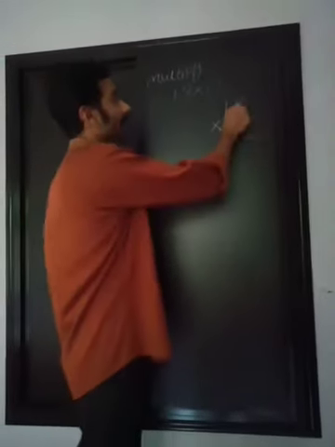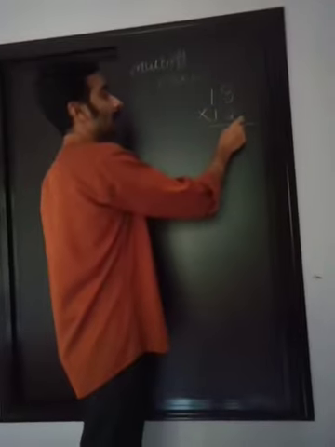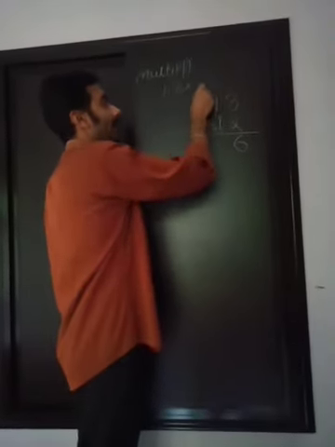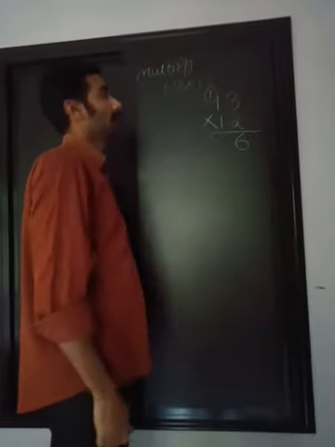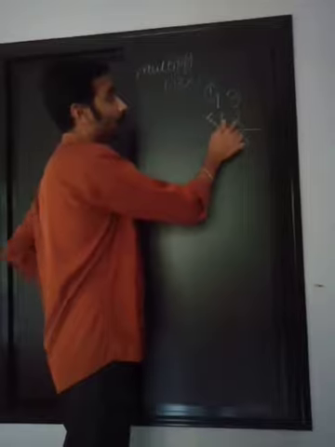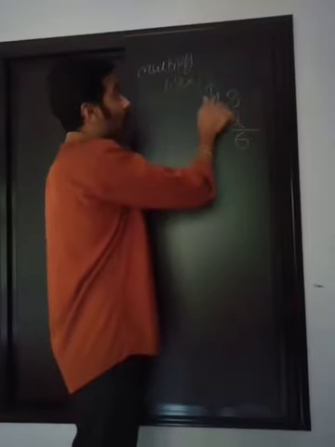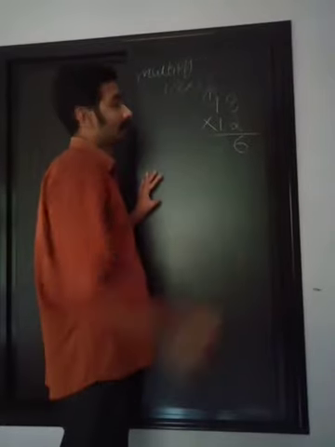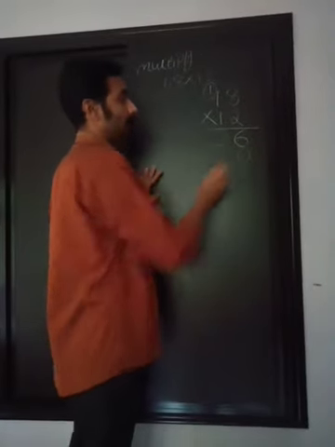Then multiply 8 into 2, 16. Write 6 and 1 is carry over. Then 1 into 2, 2, 2 plus 1, 3. Then we put 0.